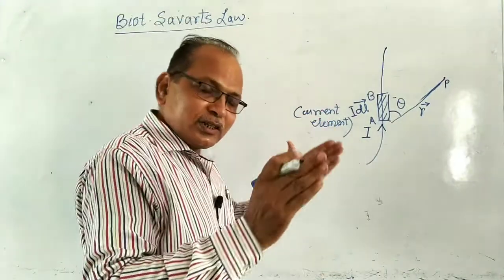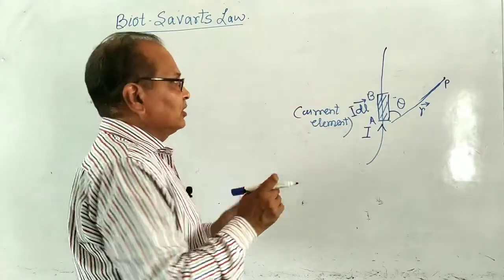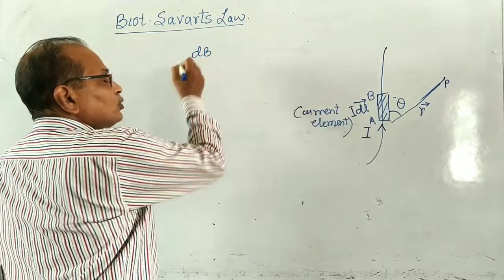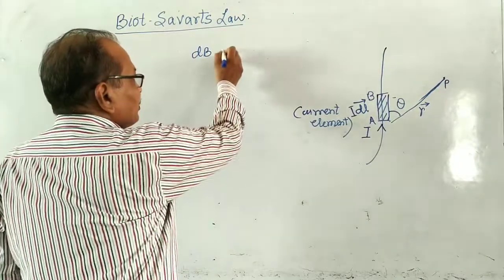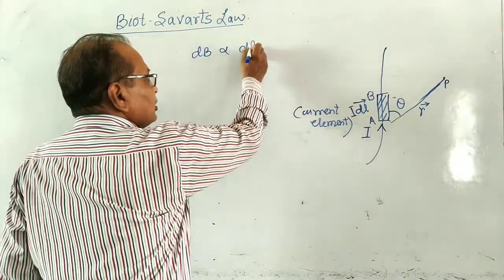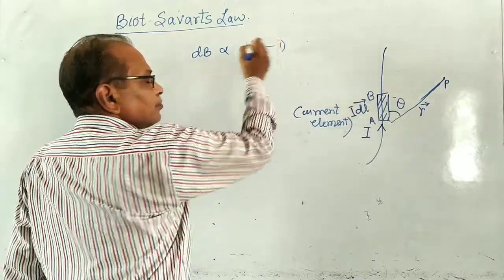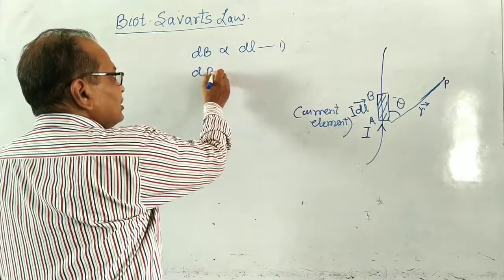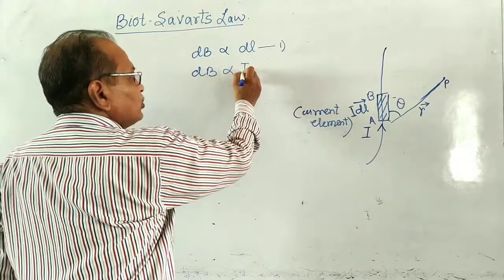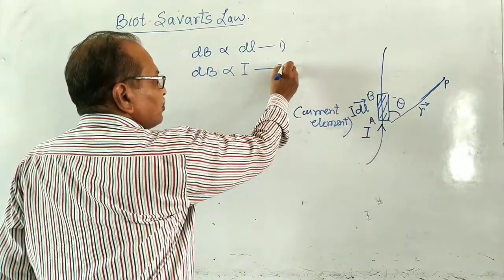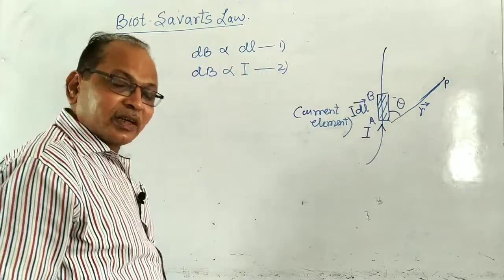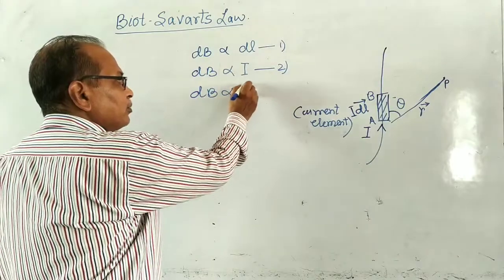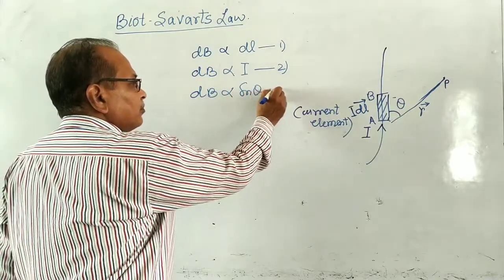If we summarize all the conditions, number one, the small element produces magnetic field dB which is directly proportional to dl. Second, dB is also directly proportional to the current. Third, dB is also directly proportional to sin theta.